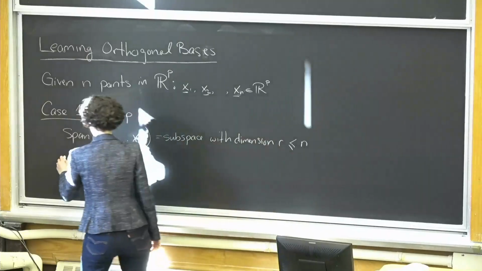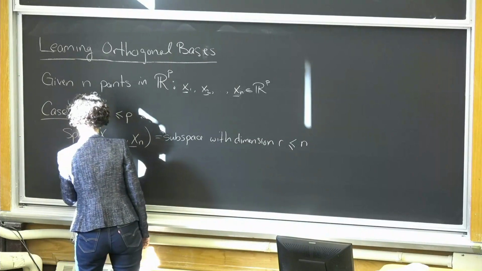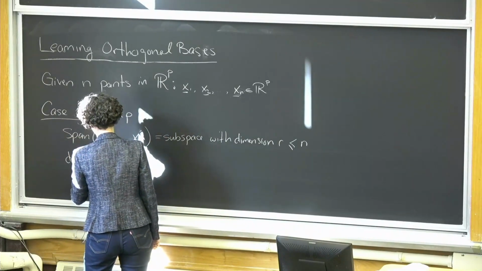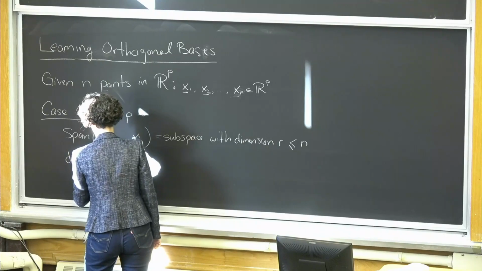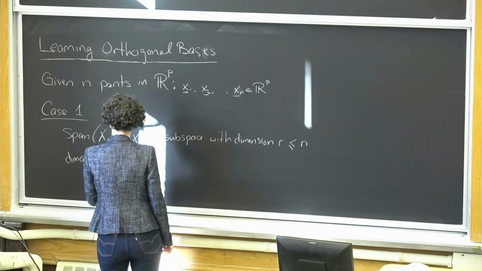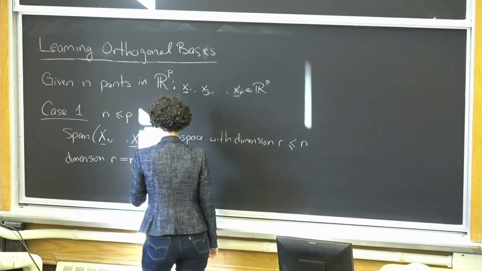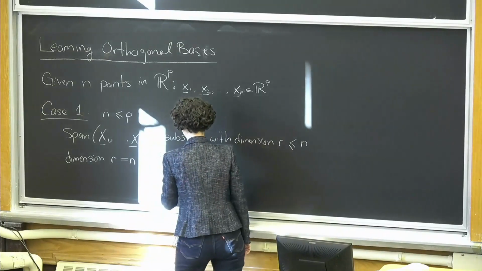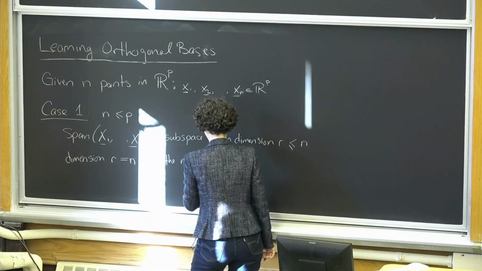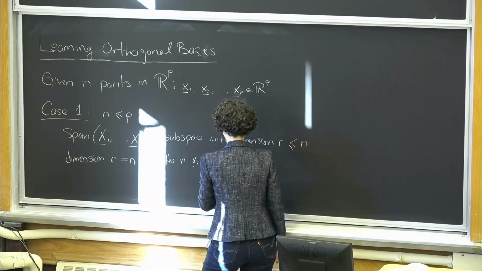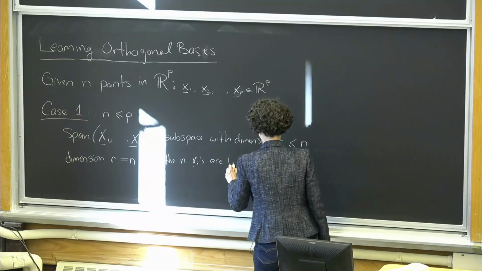The dimension R will be exactly equal to n if the n xi's are linearly independent.